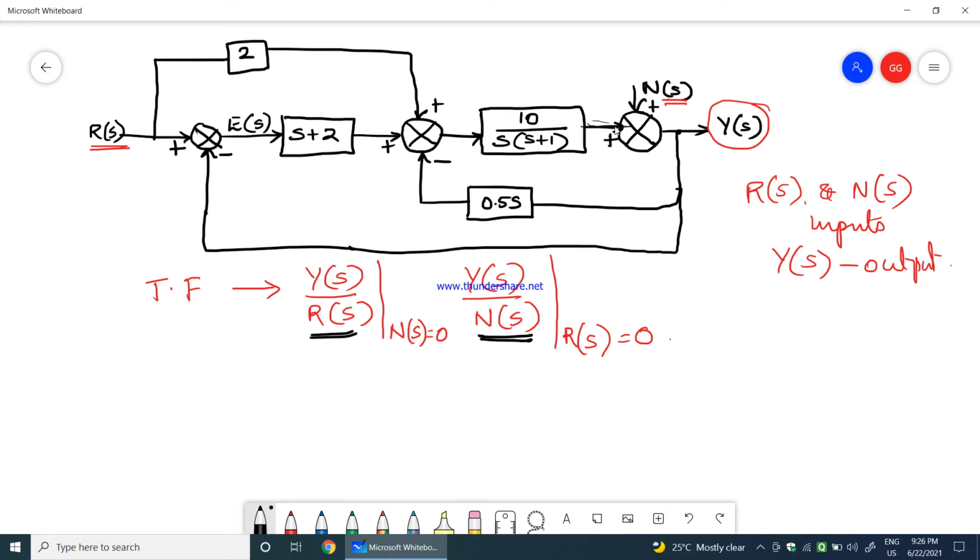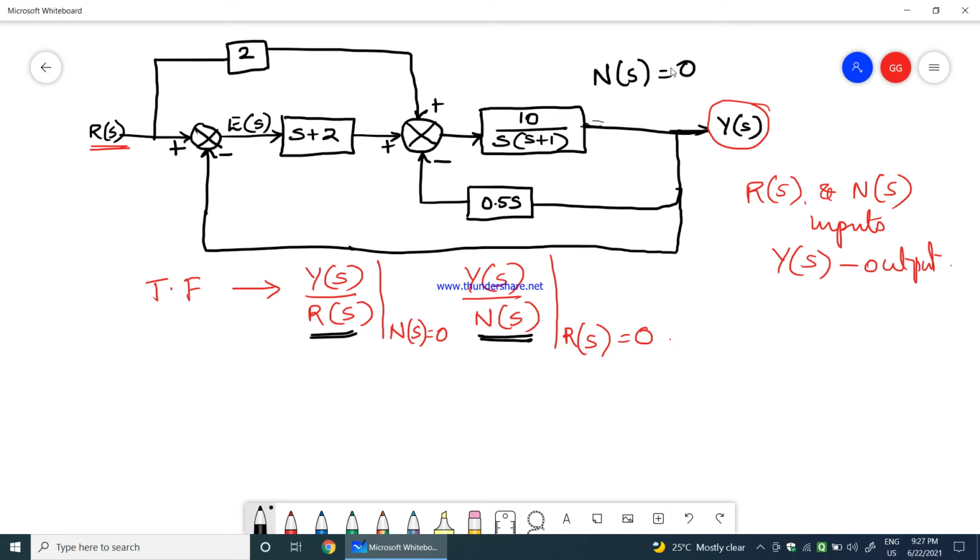So I can directly connect this line to Y of S when N of S is 0. This is the block diagram which we have with us now.